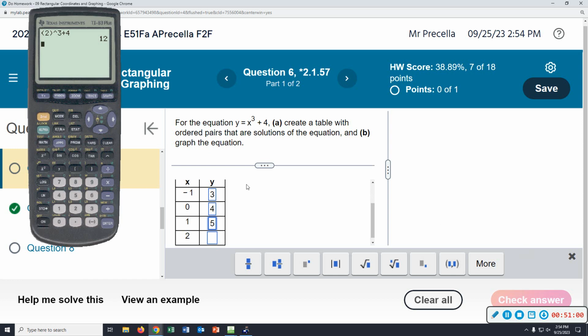Hey, these first 3 points, they look linear. As the x values increase by 1, the y values increase by 1. So these first 3 points, they could be points on a line. But then, once we get to 2, it's not going to increase to 6. It jumps to 12.